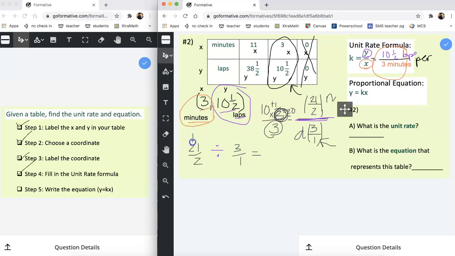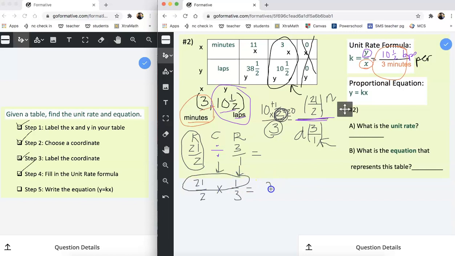Next, we're ready for the keep change reciprocal method, or keep change flip. Keep this fraction. That means you do not change it. You don't flip it. You leave it alone. These two will be changed. So the division changes to multiplication, and we have to write the reciprocal. Instead of 3 over 1, we write 1 over 3, which is the reciprocal of 3. And then finally, we're ready to multiply across.